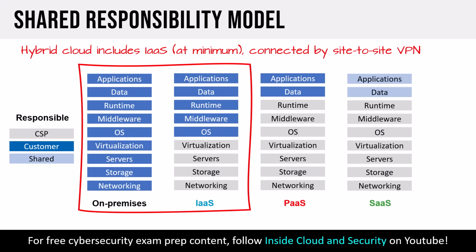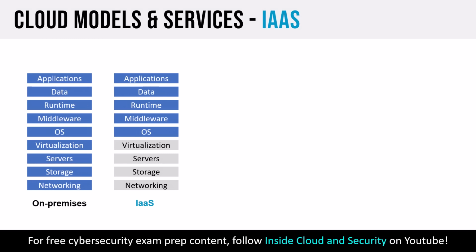That connectivity could be as simple as a VPN appliance connecting to a VPN gateway in Azure, or it could be something more sophisticated and enterprise-friendly like Azure ExpressRoute, which often uses MPLS. Not details you have to be too worried about for an Azure Fundamentals exam. Just know that in the hybrid cloud, we're extending to IaaS at minimum and connected by that site-to-site VPN.